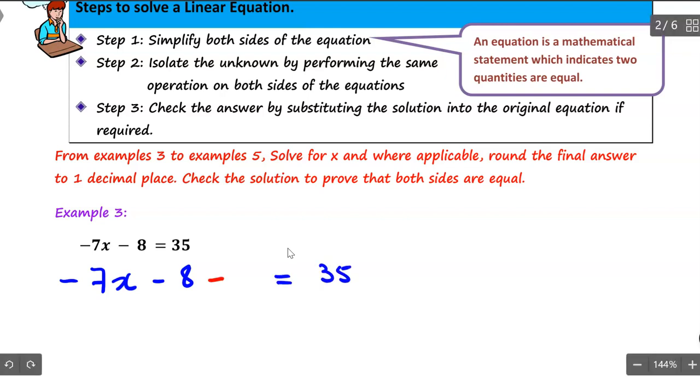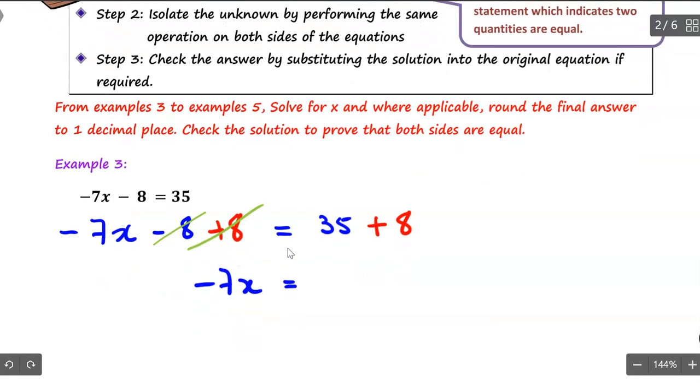I'm going to plus 8 here, because subtract 8 plus 8 will give me 0. Because I am working with an equation, I do the same thing on the other side. I also have to add the 8. So you see that and that cancel out, and you just have negative 7x left. So now you're almost there when you want to isolate x. So this is equal to 43.